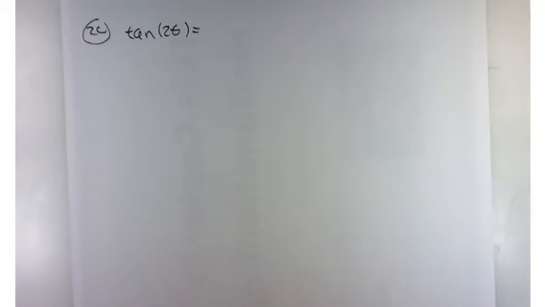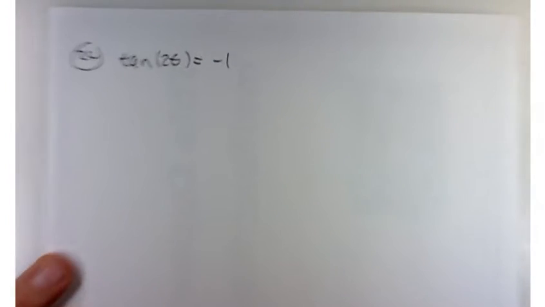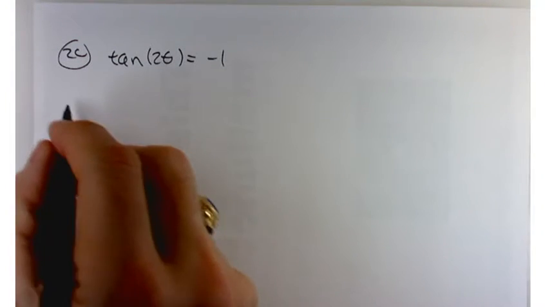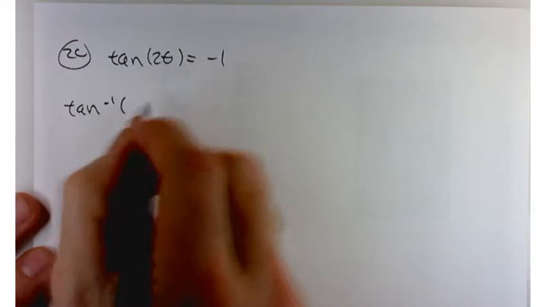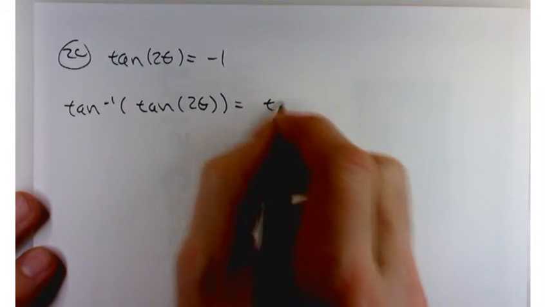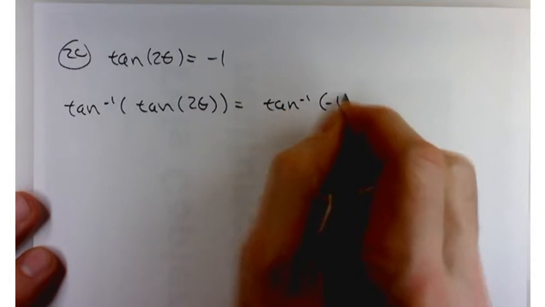Thank you. -1. Some of this should be getting to be a little familiar. How would you suggest I start out on this one? What's a good way to start out? Inverse tangent. Excellent. So we'll do the inverse tangent of the tangent of 2 theta equals the inverse tangent of -1.